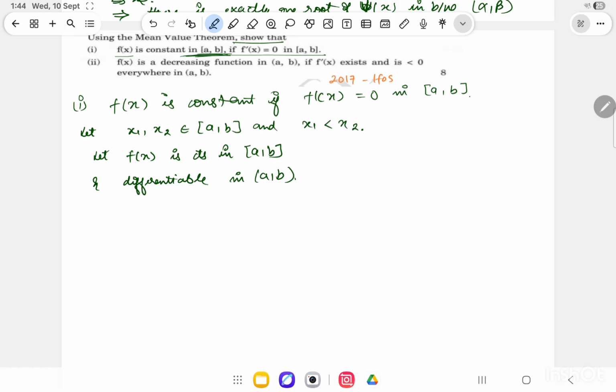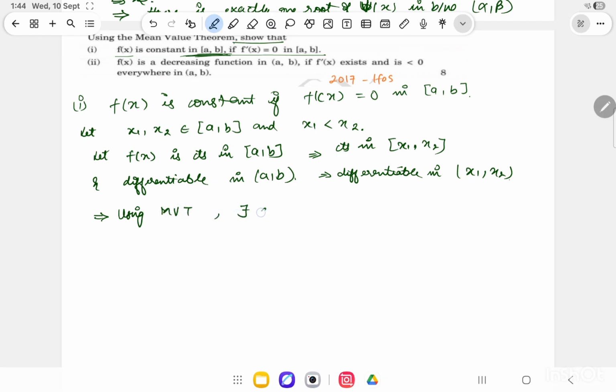Then from here I can say that it is continuous in closed interval x1 comma x2 and differentiable in open interval x1 comma x2. Then it satisfies the necessary conditions for mean value theorem. Then by using mean value theorem, there must exist c in open interval x1 comma x2 such that derivative of f at c must be equal to f x2 minus f x1 divided by x2 minus x1.